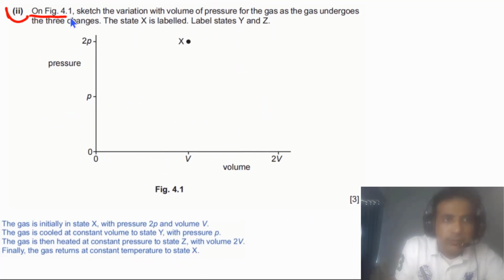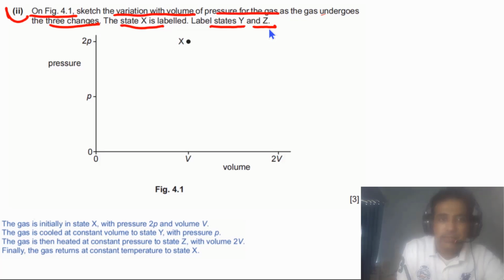The second part says on figure 4.1, sketch the variation with volume of pressure for the gas as the gas undergoes these changes. State X is labeled, and also states Y and Z. Now if you look at the given states, we have state X. For state X, it is given to us the pressure is 2p and the volume is V, so we can write V comma 2p.